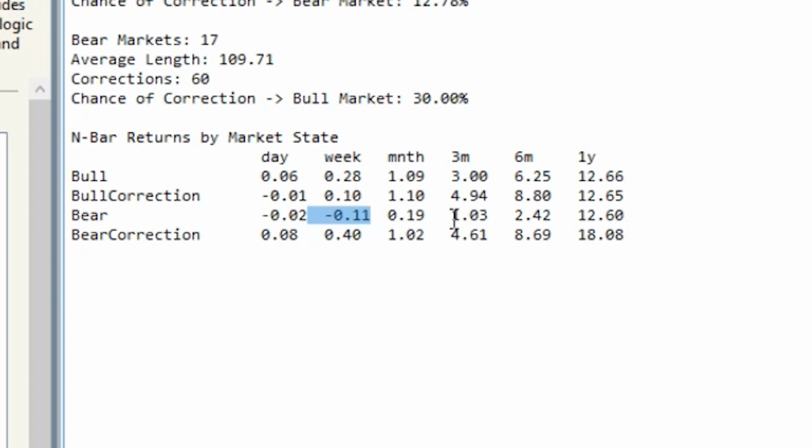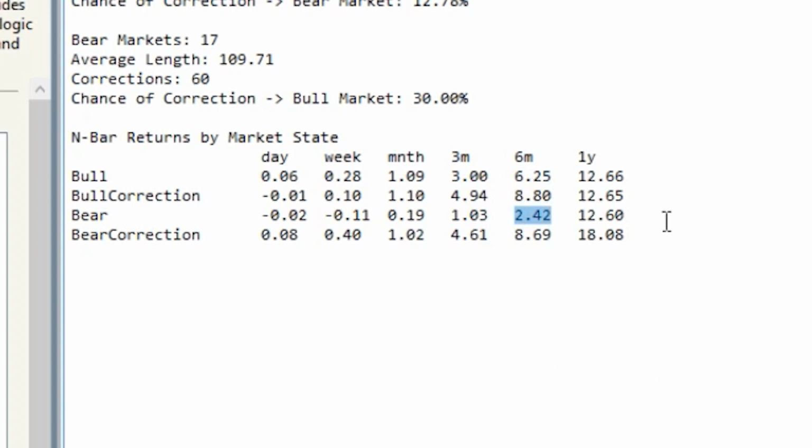After 3 months, the discrepancy is still pretty pronounced. The 3-month average return in the bull market for the NASDAQ Composite was 3%, whereas in a bear market, it was only 1%. At 6 months, it was an even wider divergence, 6.2% for a bull market and only 2.4% for a bear market.